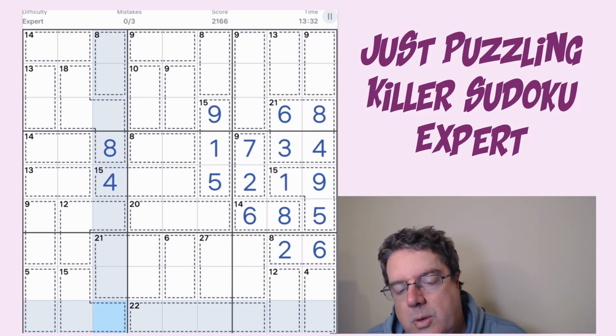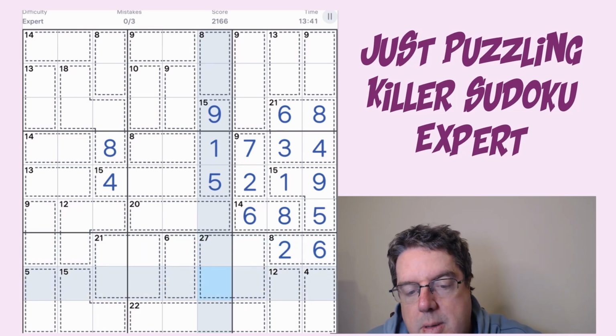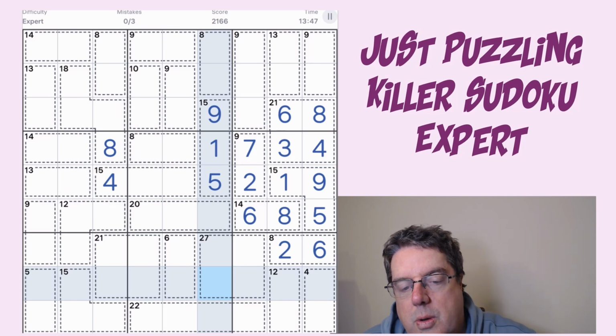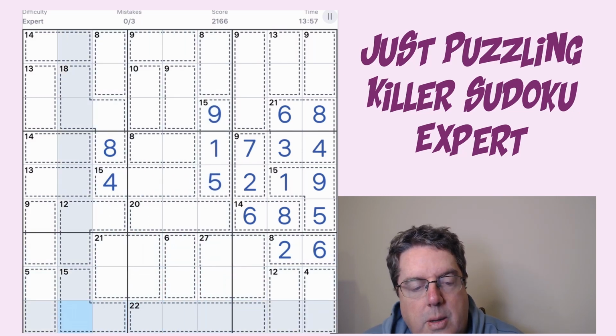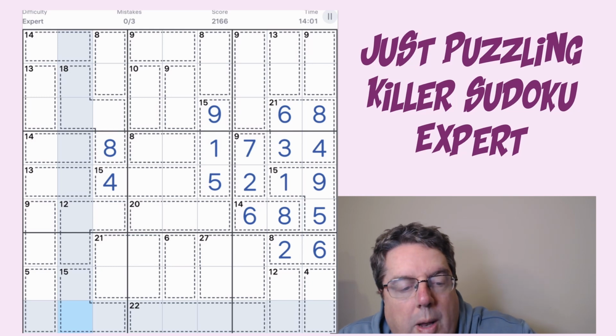So if that's 9 and 4 there, 13, that leaves 14, which is 8 and 6, so that works. So 9 is not going to be there, so 9 could be there, there, there or there. Okay, not helpful.